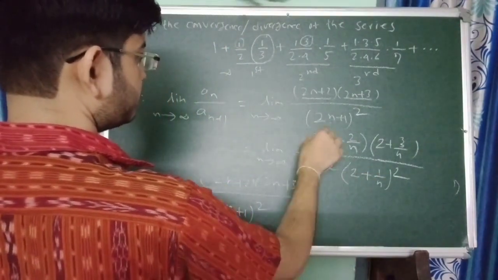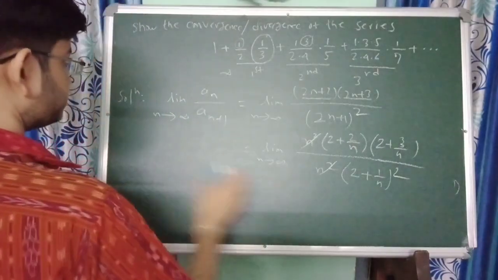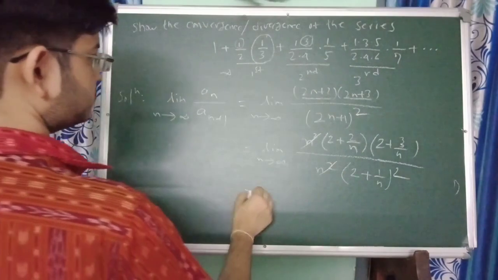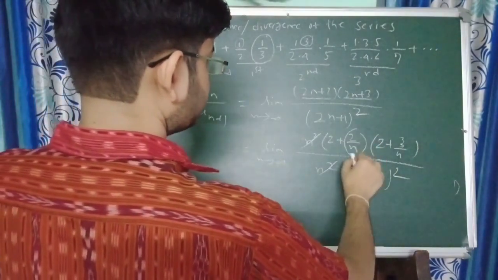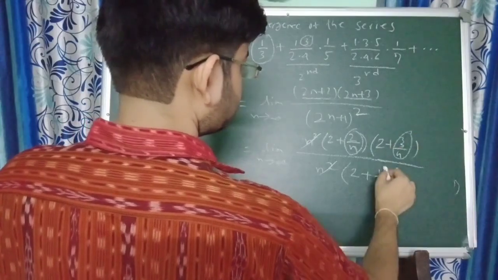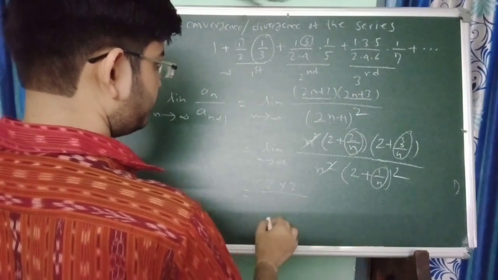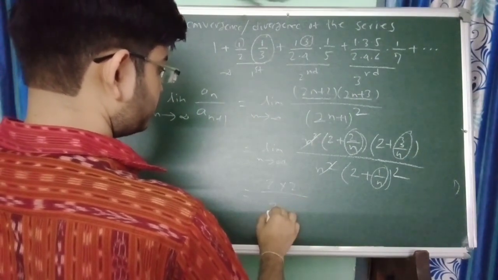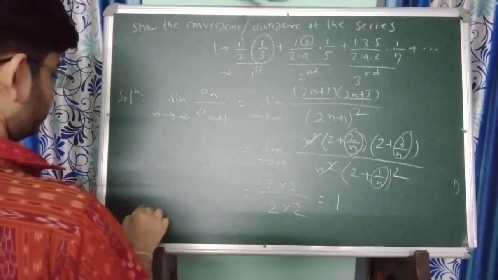Now cancel n square, n square. If we take limit n tending to infinity, this part and this part go to 0, and the value is 2 into 2 divided by 2 square, which means 4 into 2, which is 1.